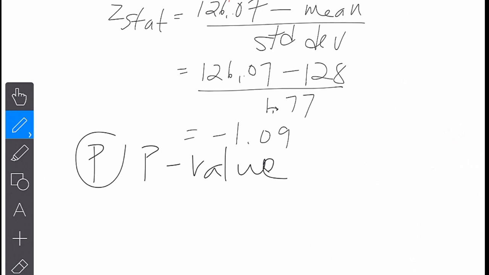Okay, so but let's write this up. So what's the p-value again? The p-value, I'm going to write it in words. I'm going to stop doing that soon, but for now, I'm going to make this a bit bigger.